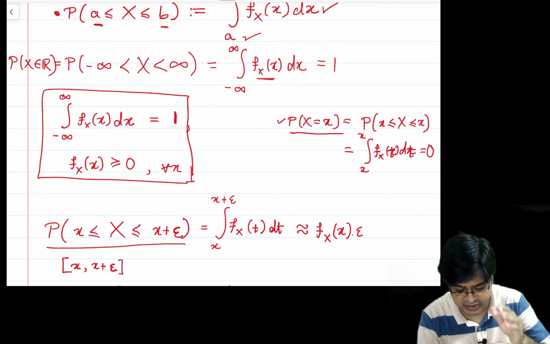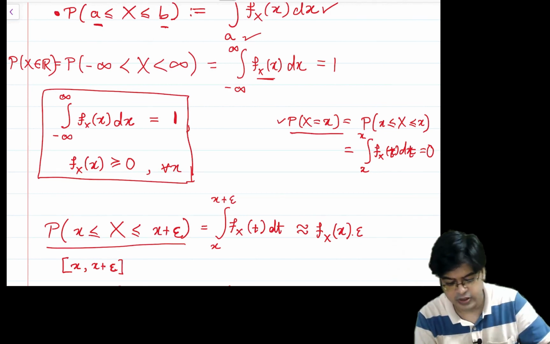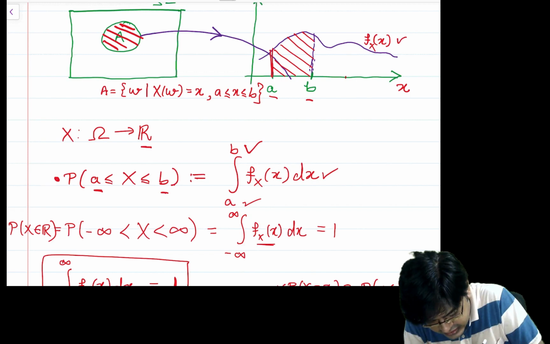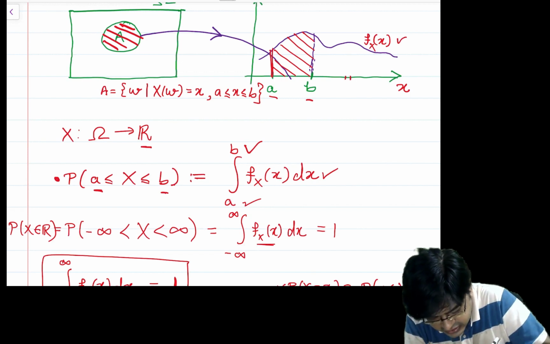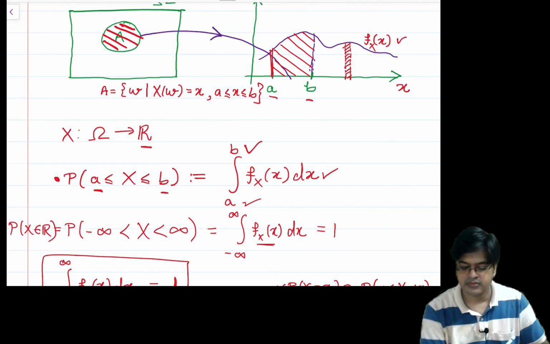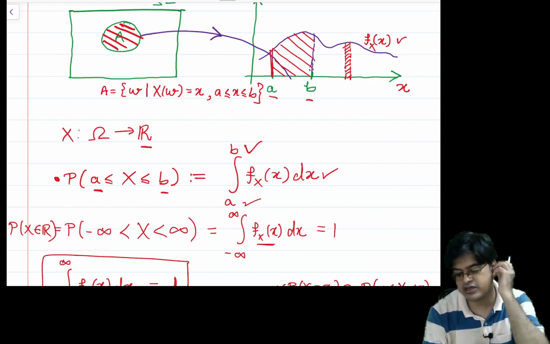Now if this interval is really tiny, let us say I have taken an interval x to x plus epsilon. So what I will do is go to my function f_X, and I am asking you to find the area that is covered by this particular function in this particular zone.